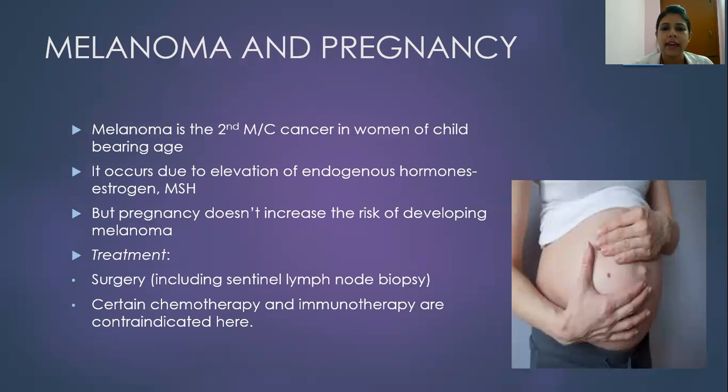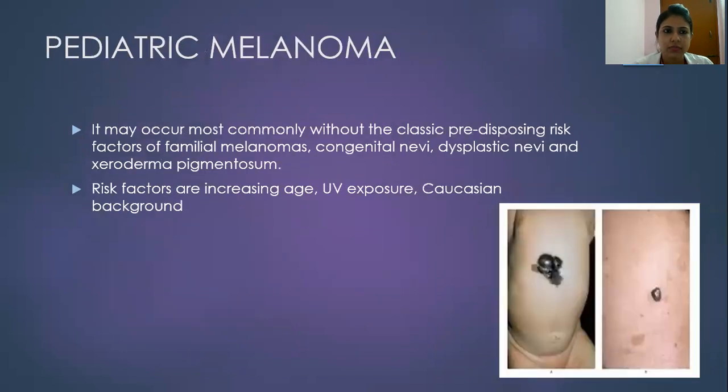Pediatric melanoma may occur most commonly without the classic predisposing factors, such as familial melanoma, congenital nevi, dysplastic nevi, and xeroderma pigmentosum. These factors are increasing age, UV exposure, and Caucasian background. That is pediatric melanoma in children.